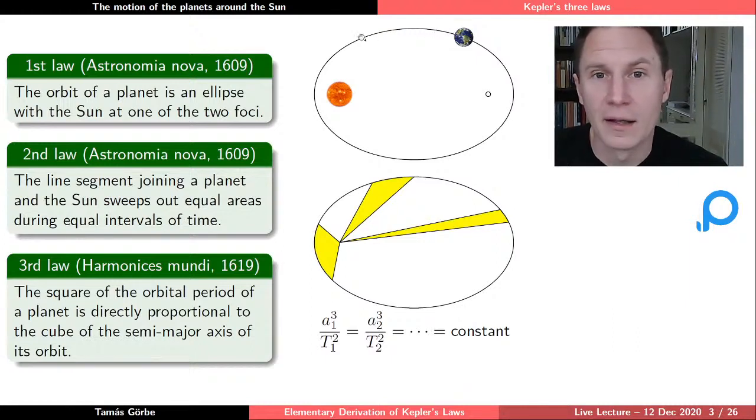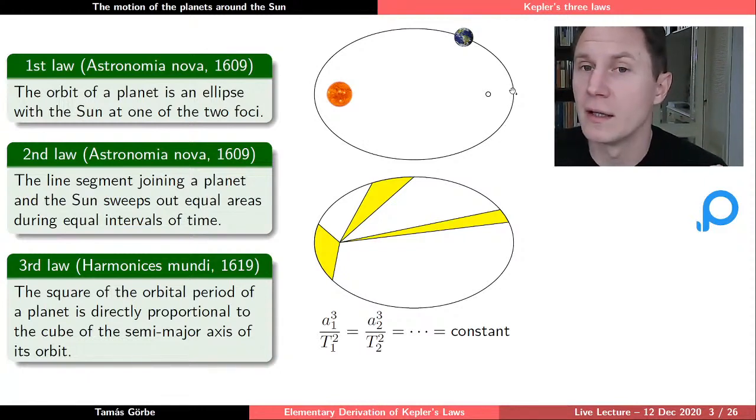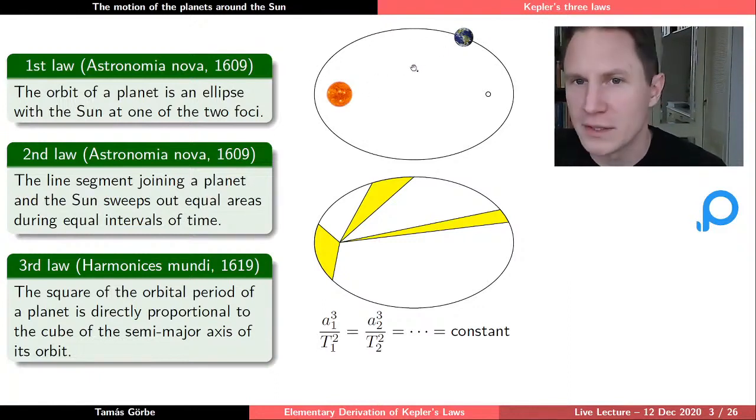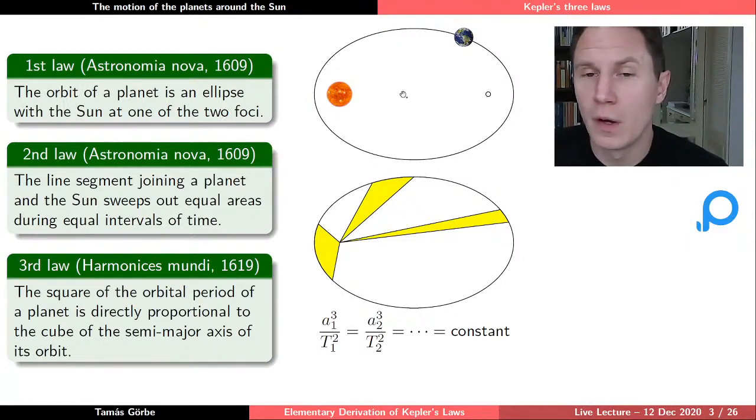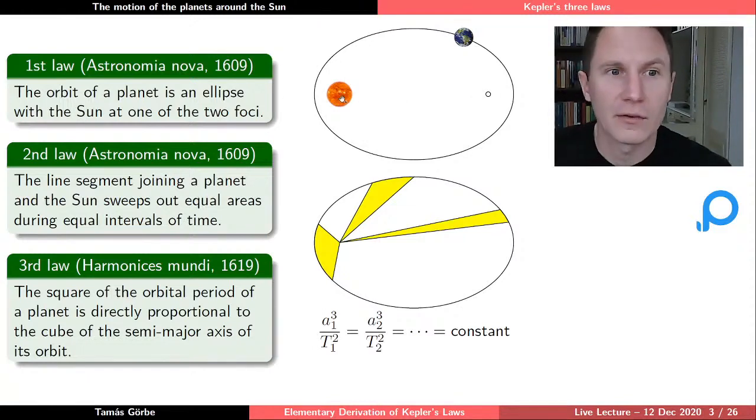But in fact, Kepler, almost by accident, realized that the orbit of Mars is best modeled by an ellipse. He was actually looking at Mars, but here on the image I have the Sun and Earth. Of course, it's not to scale at all, but the point is that the planet moves along an ellipse, which has two focus points, and in one of the focus points we have the Sun. Okay, so that's the first law.